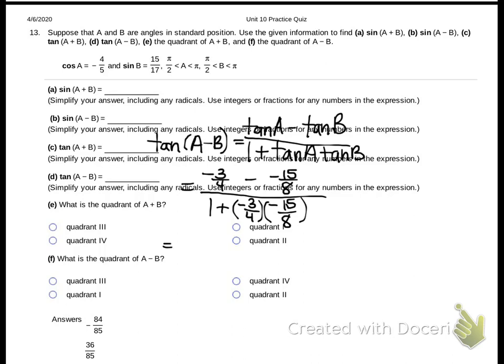All right, so let's just clean it up before we get rid of the fractions. And positive 45 over 32. All right, again, because this is a complex fraction, let's multiply everything by 32. That will get rid of those fractions. And since I'm multiplying every term by 32, it would work.